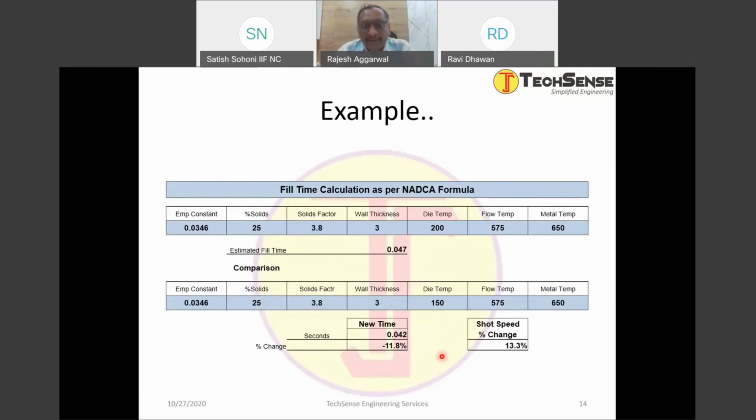So that is the interpretation, that is the way we have to look at it. And as I just explained, the fill time requirement is reduced by 11.8%, and the shot speed required is to be changed by about 13.3%.